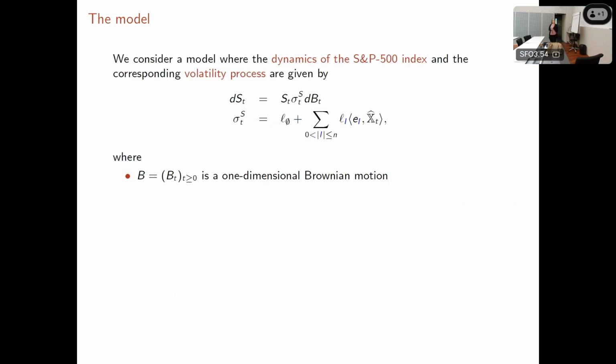Also, you can manage to fit both the VIX and the S&P implied volatility.